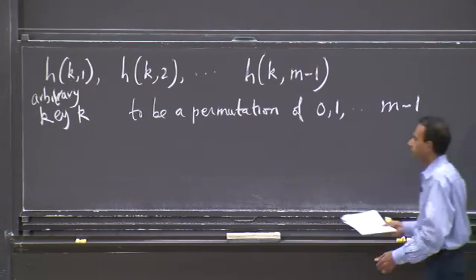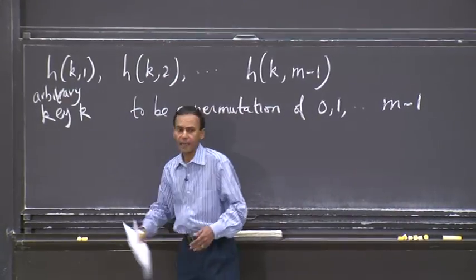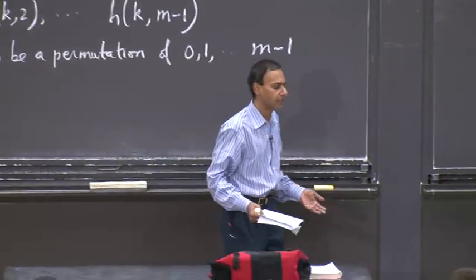It's because you want to be able to use the entirety of your hash table. You don't want particular slots to go unused.